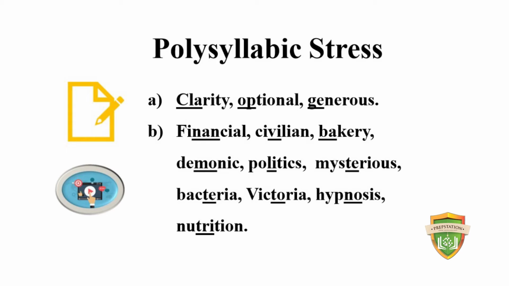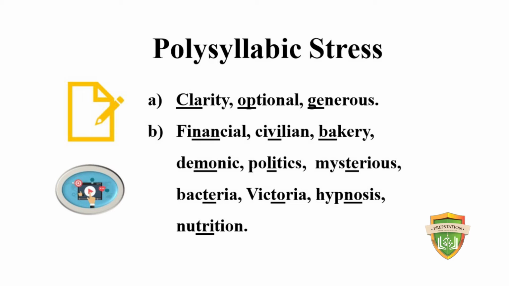Then for words that end with AN, the primary stress still falls on the second syllable. That's why you have civilian, civilian. And then you have bakery. You also have words that end with IC or ICS.